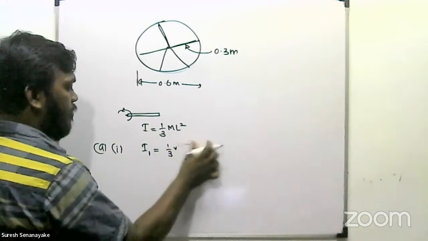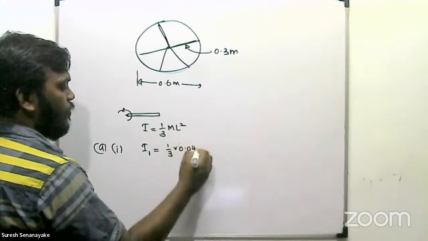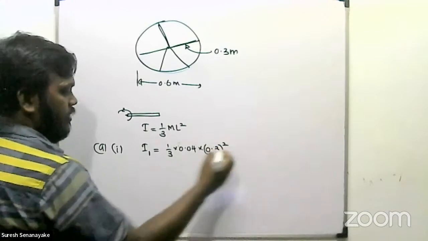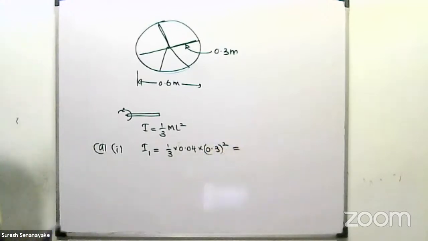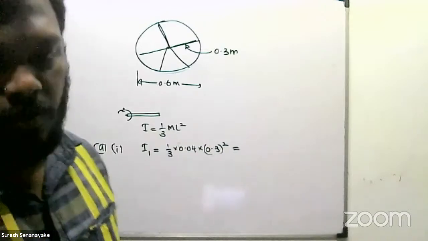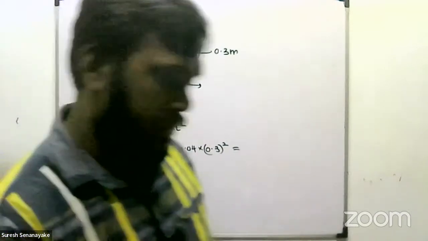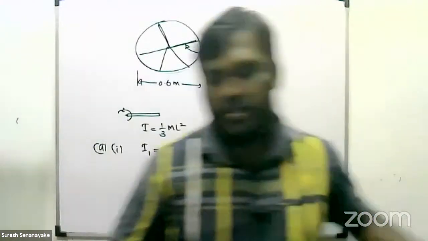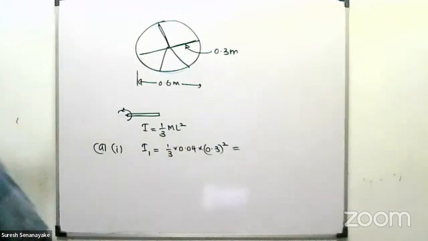That m is 0.04 and L square is the square of 0.3. That's only one rod. All right. They ask you to find the moment of inertia of one rod, not for all together, right? Just one rod. Then simplify this and take the value.